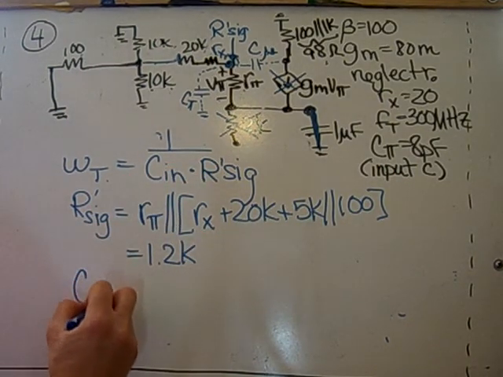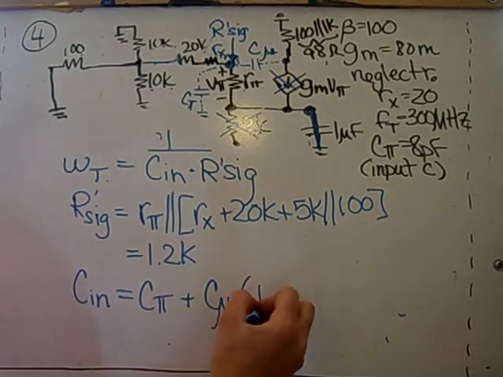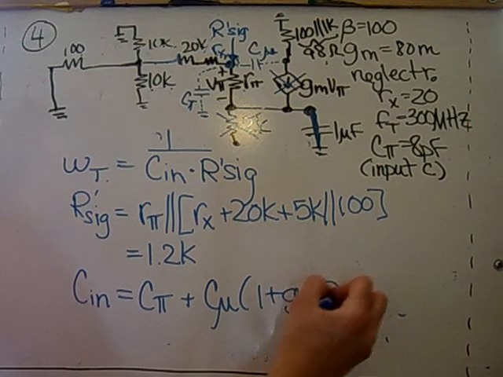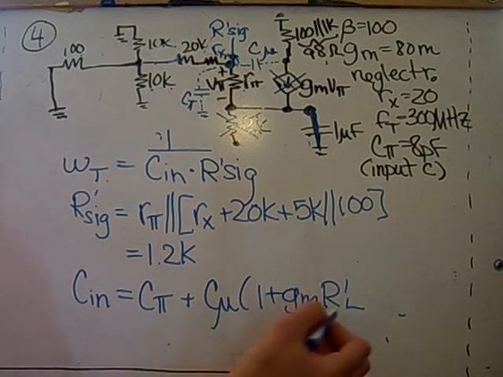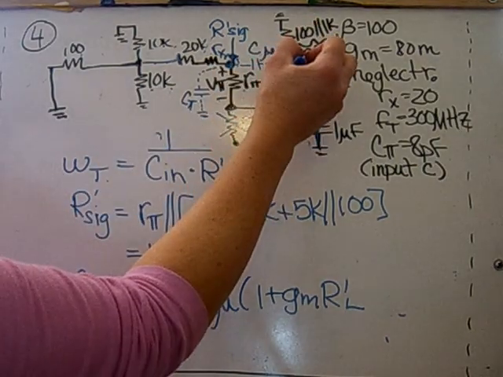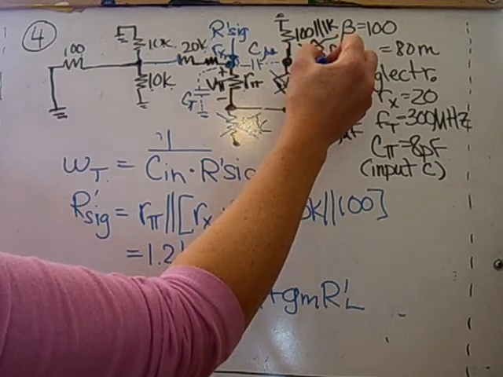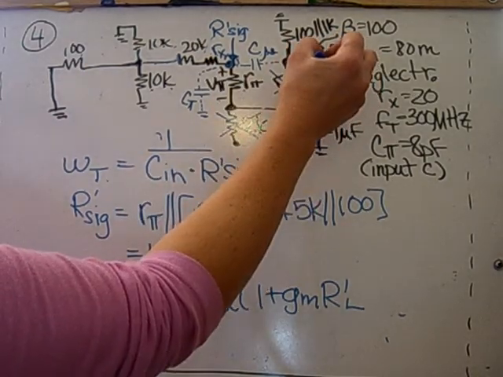And Cn is C pi plus C mu times 1 plus GM R prime L. Now R prime L is this side of where that capacitor connects, which is the collector location. So it's the equivalent resistance seen on this side.